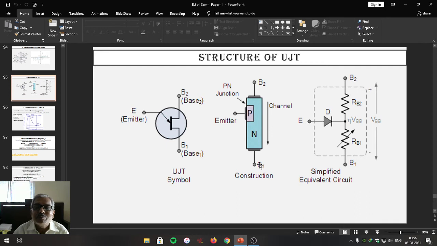Also connect the supply VEE between the emitter and B1. As soon as VEE is connected between emitter and B1, the PN junction is forward biased. But the supply voltage across the junction is not sufficient to make the UJT conduct, because the spreaded RB1 is very, very large.